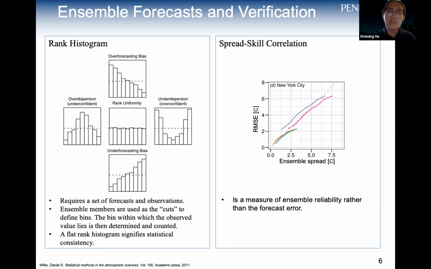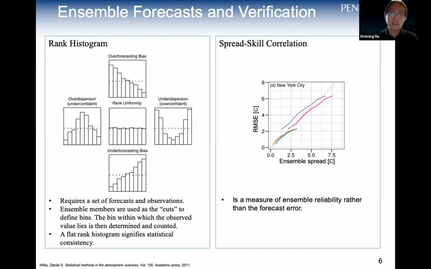Why do we want them to be correlated? This is because we usually assume that when we have a larger spread, the prediction is less confident, or we're uncertain of what it's going to be. We are less confident in the prediction, and that assumption is based on this correlation.